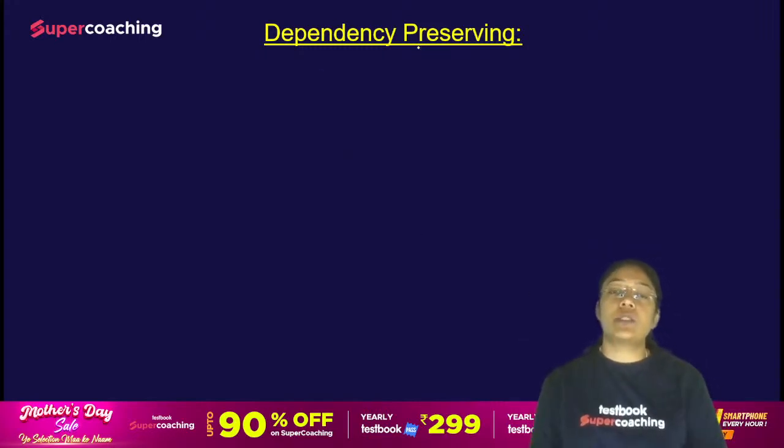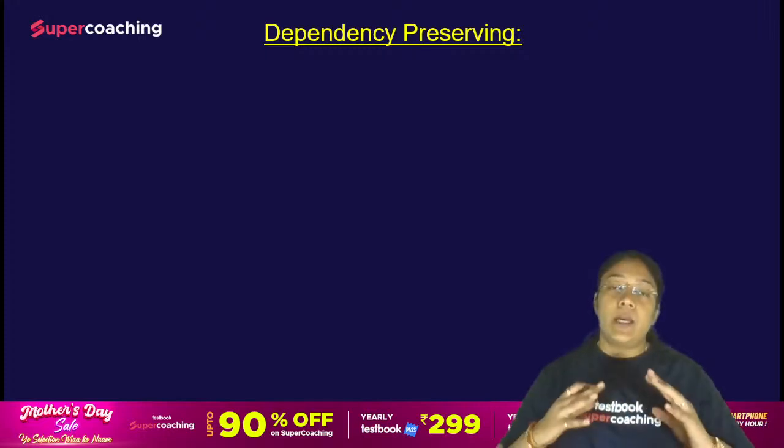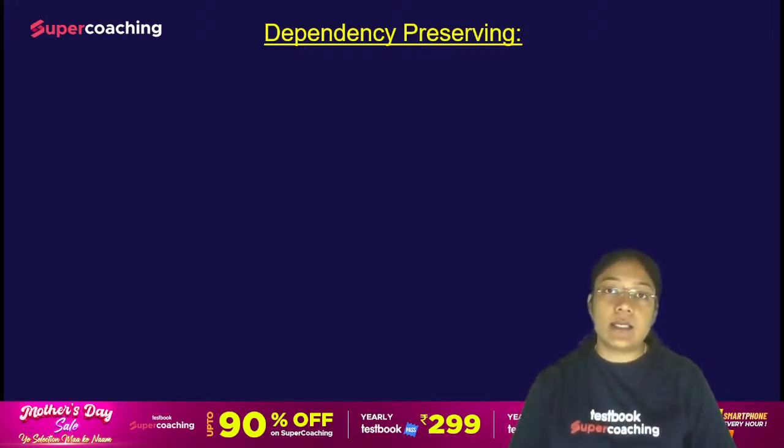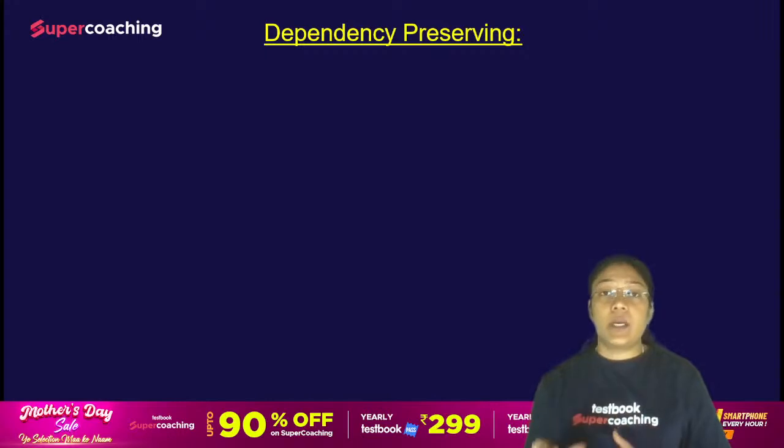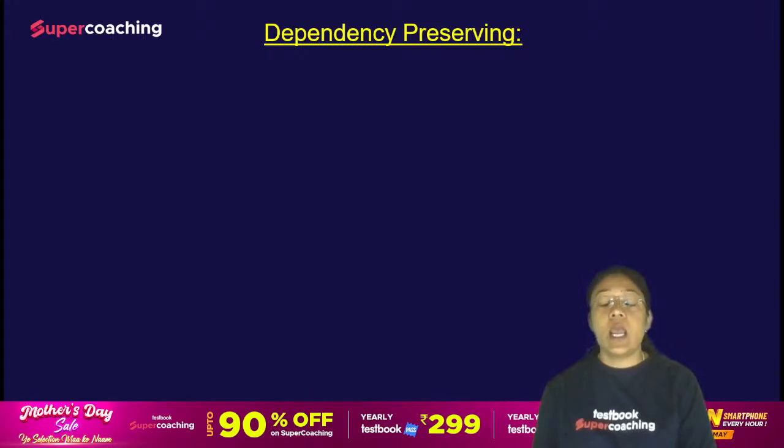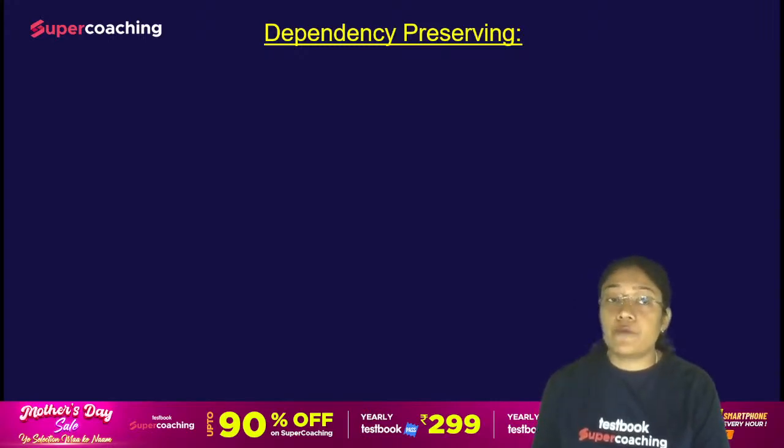डिपेंडेंसी प्रिजर्विंग मीन्स कोई भी रिलेशन है जो डिपेंडेंसीज ओरिजिनल रिलेशन R के लिए एग्जिस्ट कर रही है, all those dependencies should also be holding in the sub relations as well. If it is true, then we will say that the given decomposition is dependency preserving, and if it's false, then we will say that not dependency preserving.